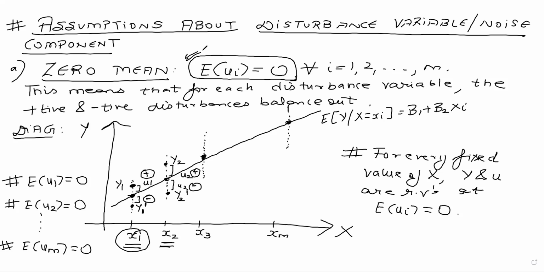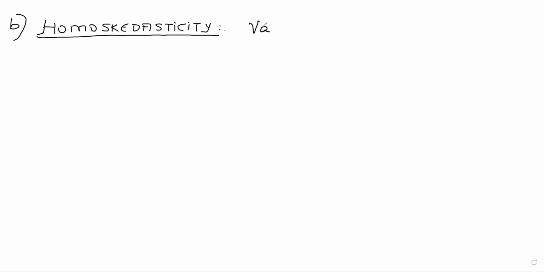Let's quickly look at the second assumption, which is homoscedasticity. So guys, this assumption tells us that variance of ui is a constant, sigma square, where sigma square is a constant, for all i going from 1 to n.